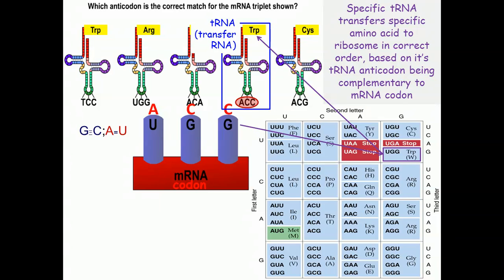And this tRNA will contain the TRP amino acid, which is the correct amino acid coded by the UGG codon.